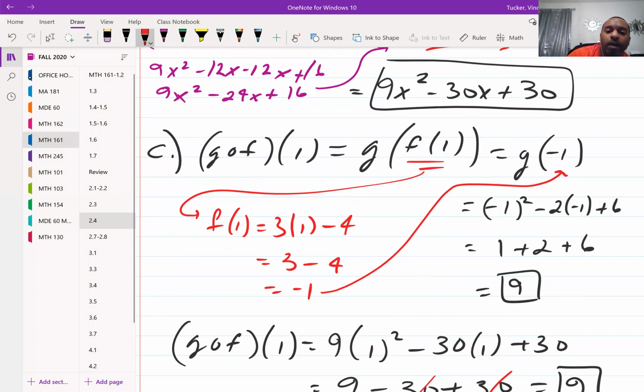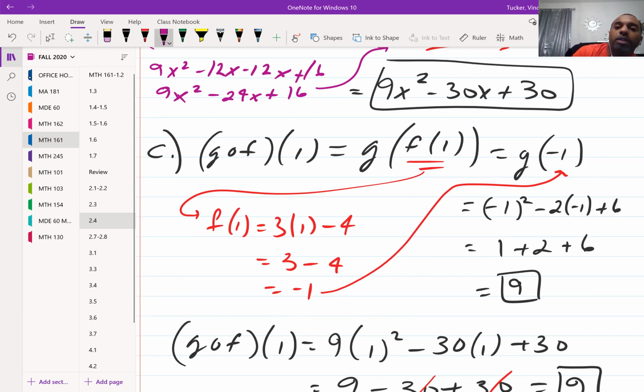So we can find f of 1. So plug 1 into f. 3 times 1 minus 4, that's 3 minus 4, which is negative 1. So f of 1 is equal to negative 1. So now we plug that in right here into g. And negative 1 squared minus 2 times negative 1 plus 6 is what we have after our substitution. When you simplify that, you'll get 9 for your answer.